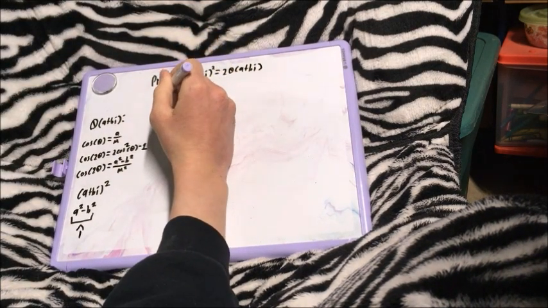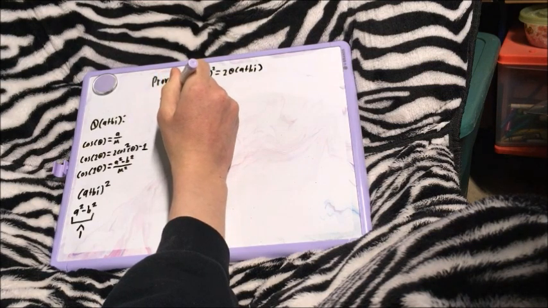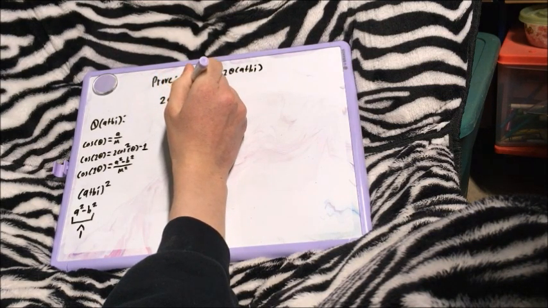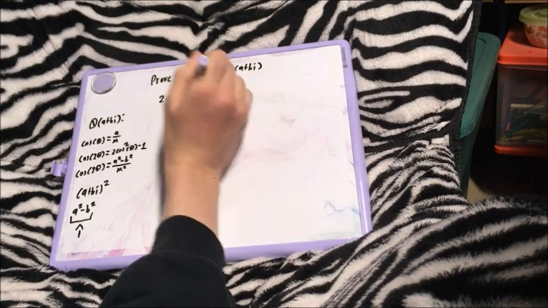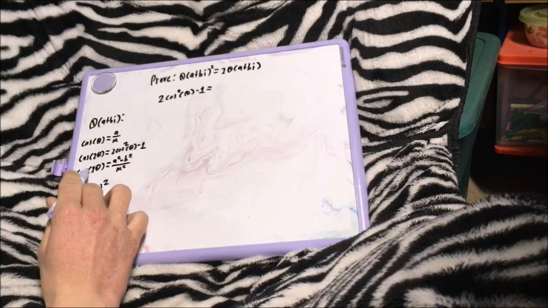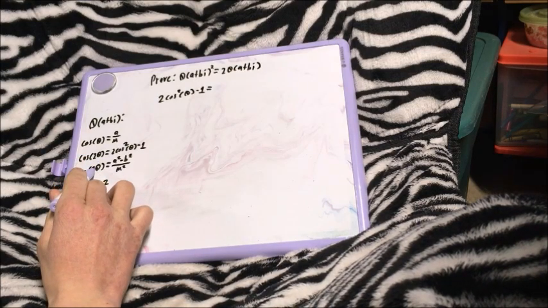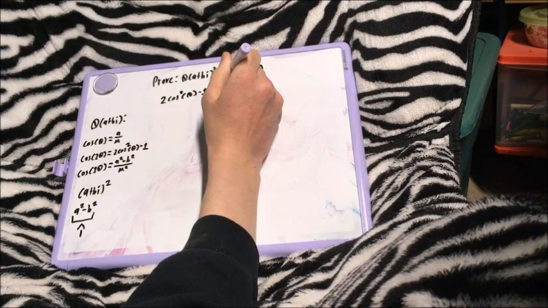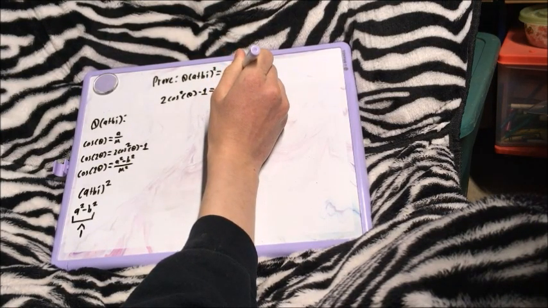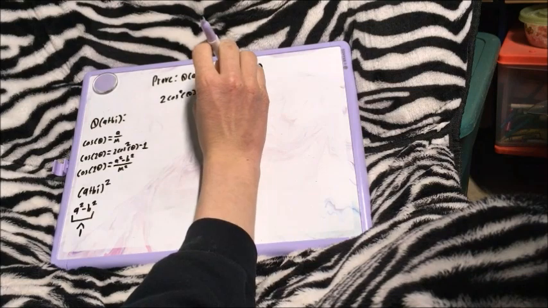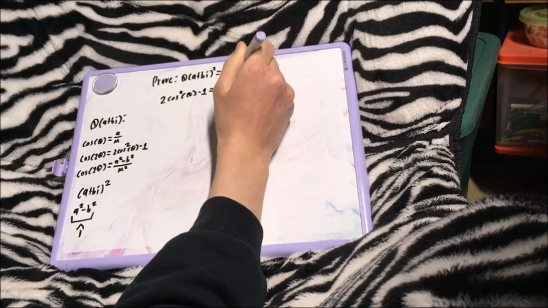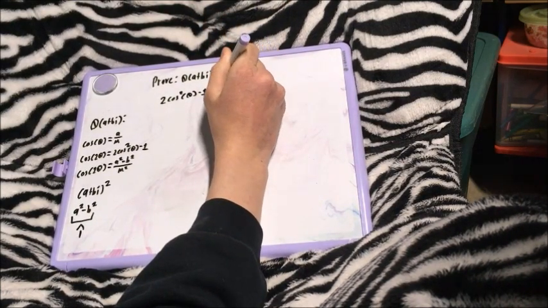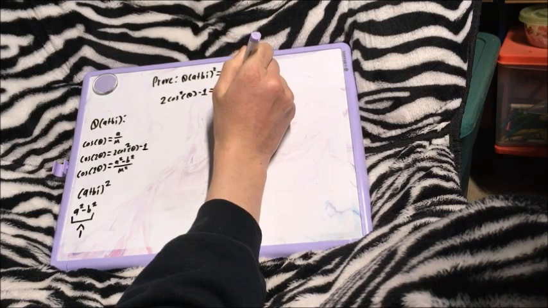So, 2 cosine squared of theta minus 1, we know, because this is equal to that, is going to equal a squared, not minus, oh, you make a dangerous mistake if you accidentally put a minus, let me correct that, is equal to a squared minus b squared over m squared.